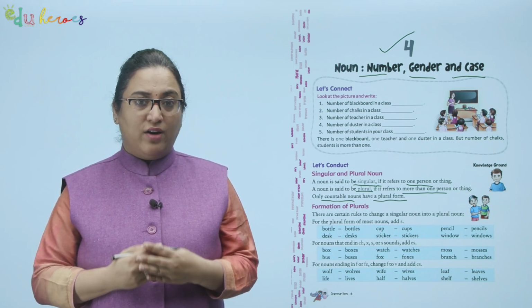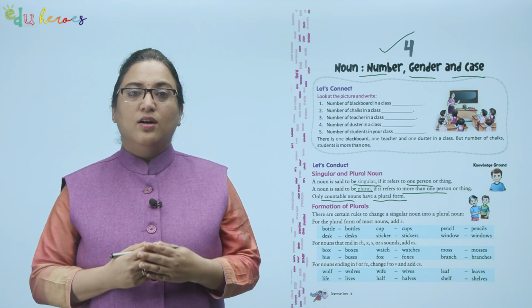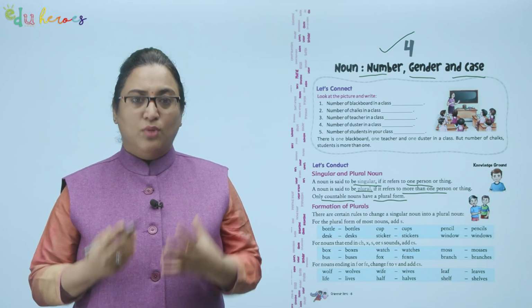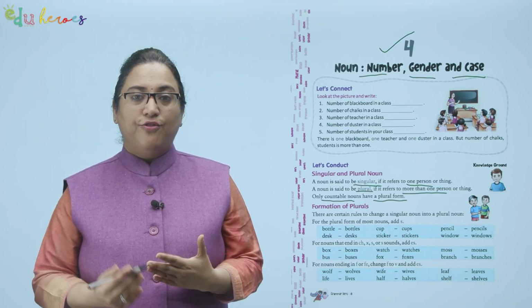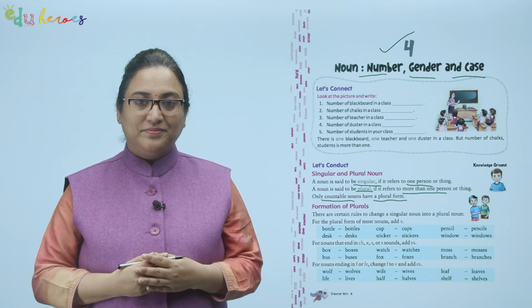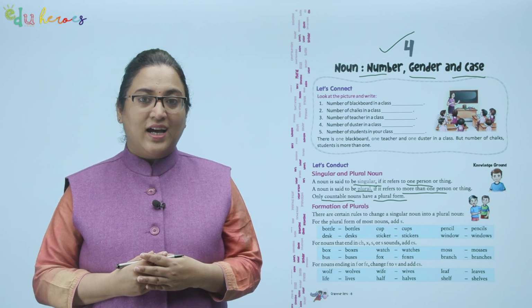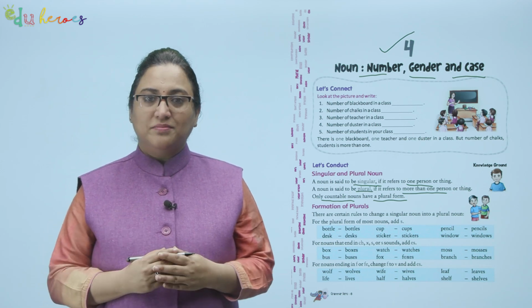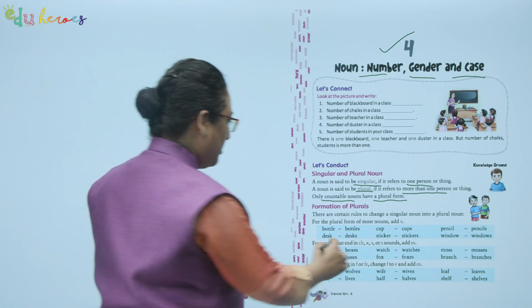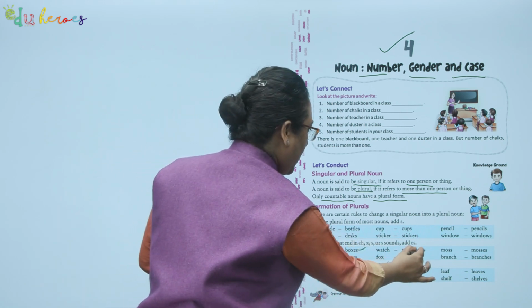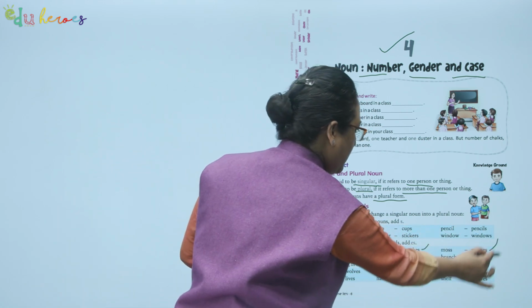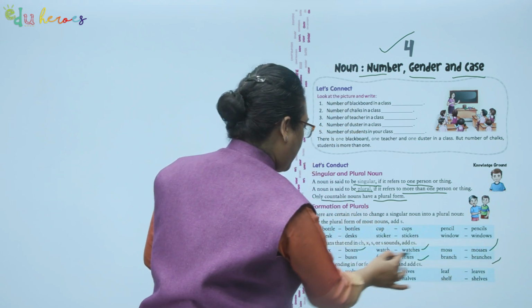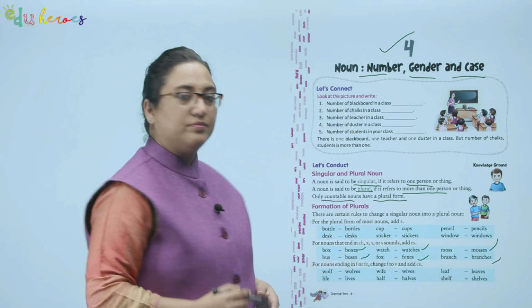So the nouns we have are the singular nouns: box, watch, mouse, bus, fox and branch. Let's add es to them and see if we get plural forms. We get boxes, watches, mosses, branches, foxes and buses.